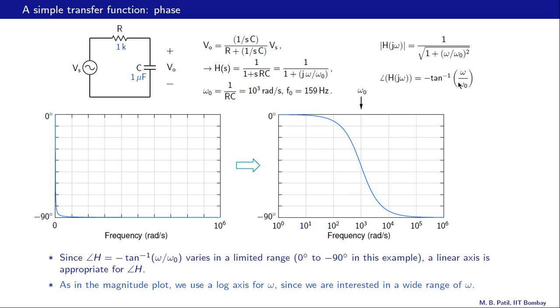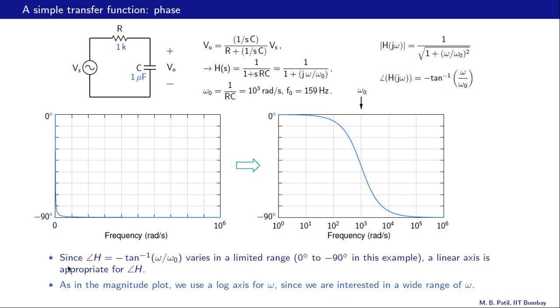Also, as omega becomes small, this quantity becomes 0 degrees, that is this part. As omega becomes large, minus tan inverse of infinity approaches minus pi by 2 or minus 90 degrees. That is this part. So from this angle versus log omega plot, we can get a lot of information.